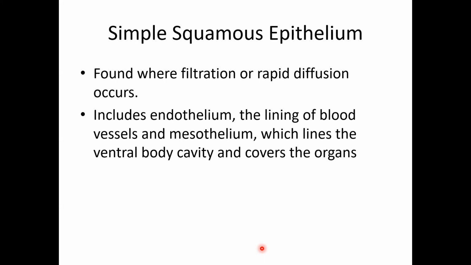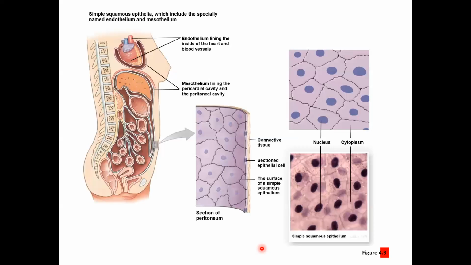We find this in the alveoli of the lungs, so that oxygen and carbon dioxide can cross through that barrier very quickly. We don't want multiple layers of cells here because it would take longer for those things to cross through that barrier. So here we see simple squamous epithelium. Thin, flat cells in a single layer.